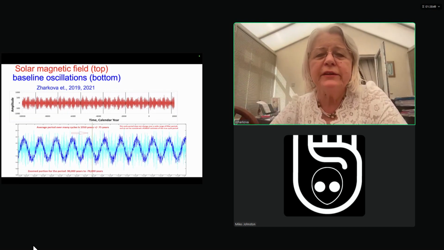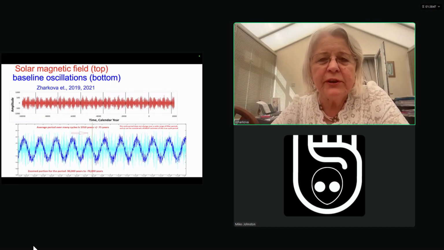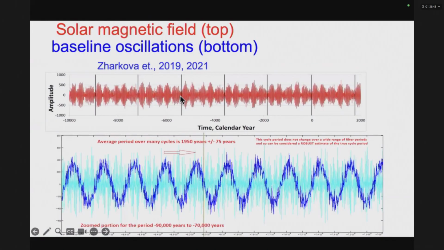So we calculated our summary curve for 120,000 years backwards from now. And here's an example of the summary curve built for the last 12,000 years.